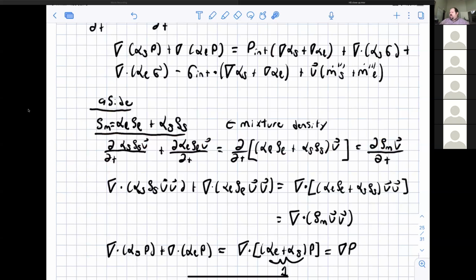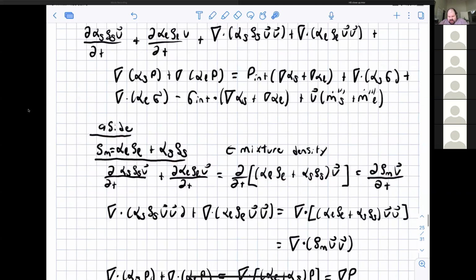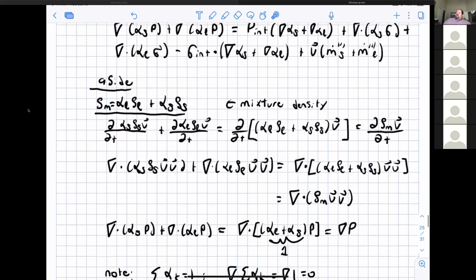We have now just a density of the mixture. Okay, now I've got the two advective terms to deal with. Well, they work in a very similar fashion. You can combine these two terms, and then you can factor out the common v squared terms, and you wind up with the divergence of v squared times this quantity here, which is defined as the mixture density.